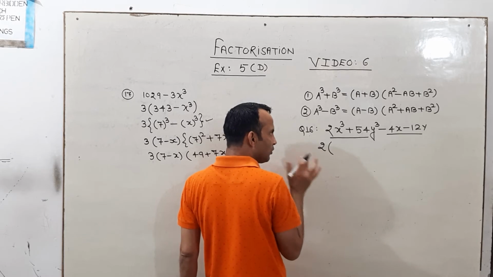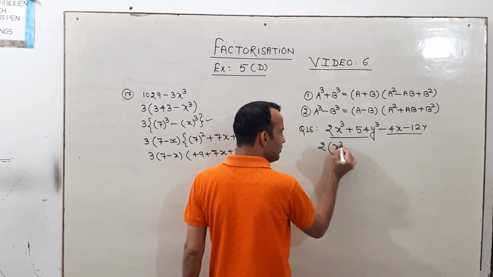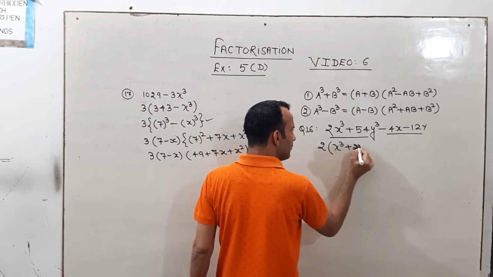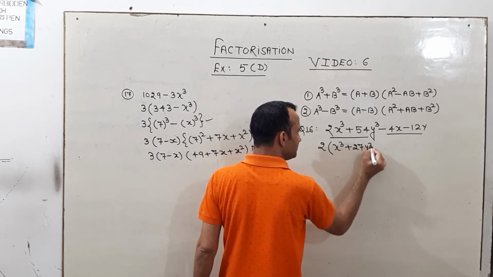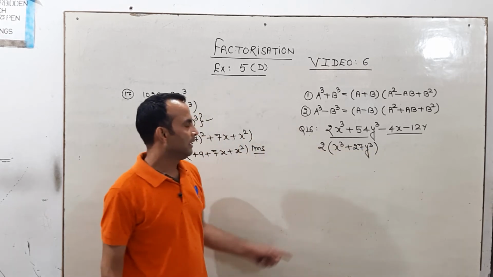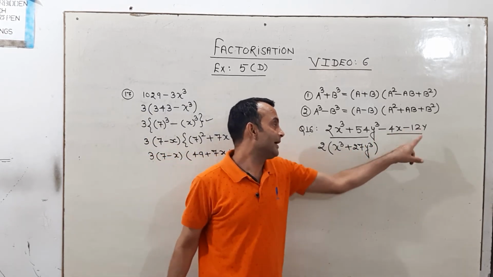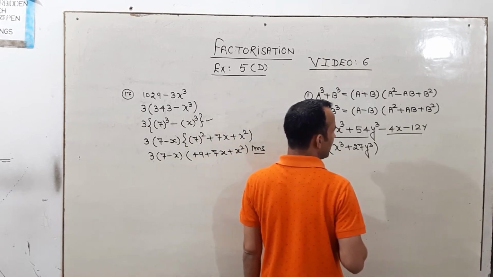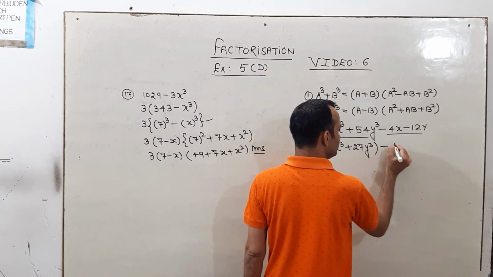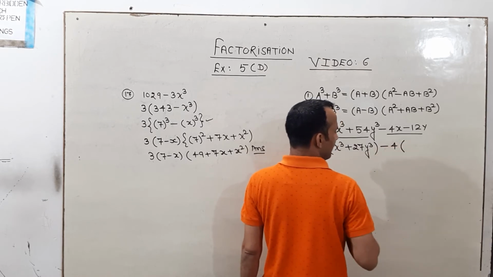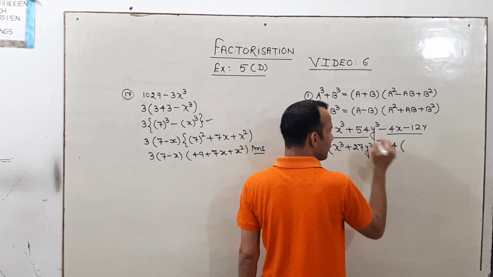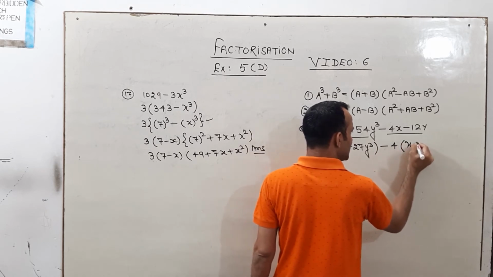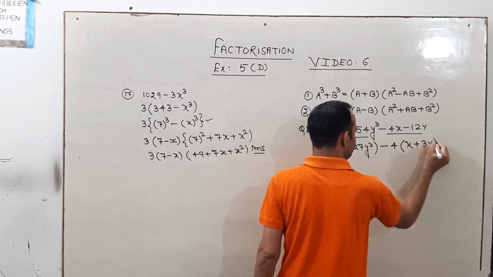When we take common 2, we obtain x cube plus 27y cube. From this part, we can take common minus 4. If we take minus 4 common, we obtain x plus 3y.